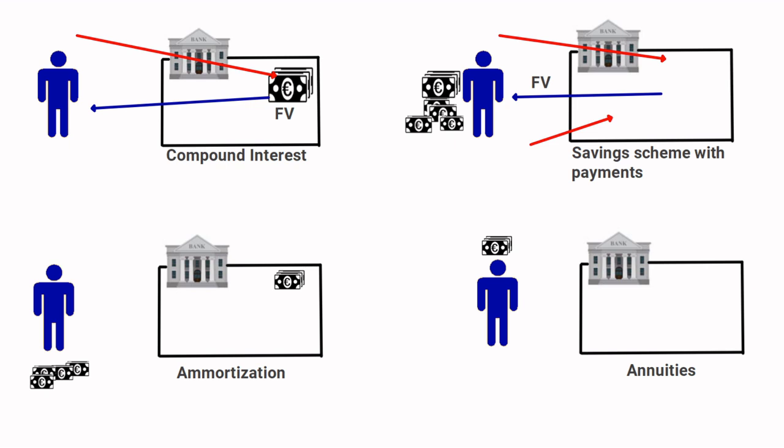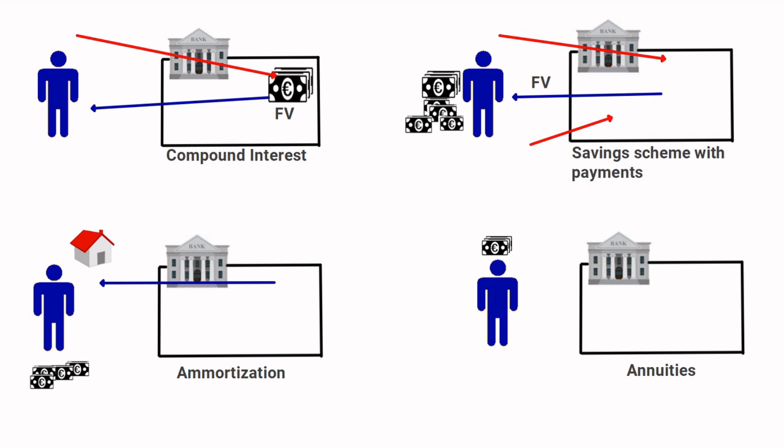The third case is mortgages, amortization. And what's going to happen here is you're going to borrow some money from the bank. So the money that you borrow from the bank is called the present value. And of course, once you've borrowed the money from the bank, you are going to do something with that, like buy a house. But you're going to have to pay the money back, and there will be a certain interest rate based on how much is left to pay back.